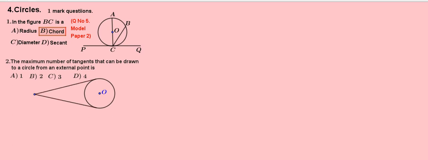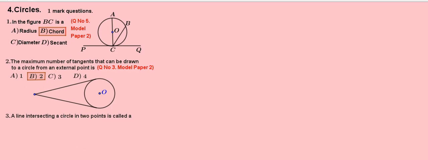But we can draw only 2 tangents at most. So option B is correct answer. This question is asked in model paper 2 by KSEEB. First question is also asked in model paper 2.